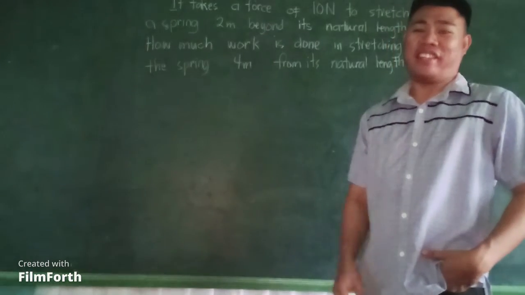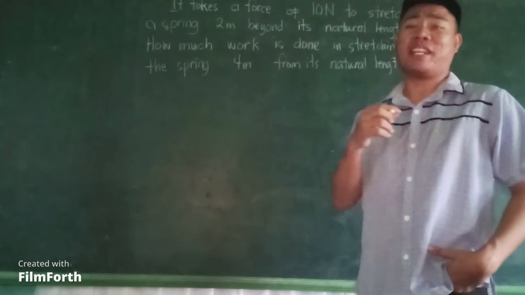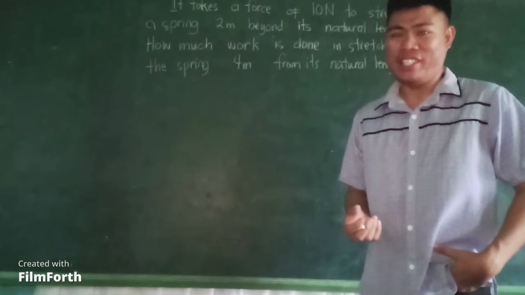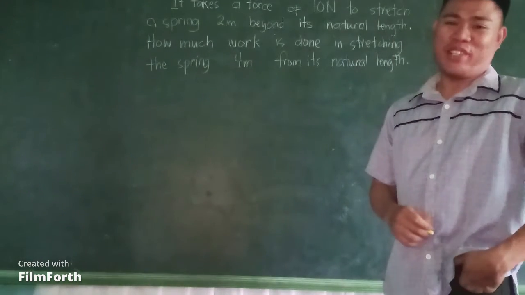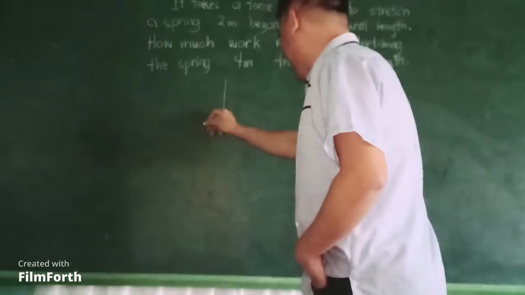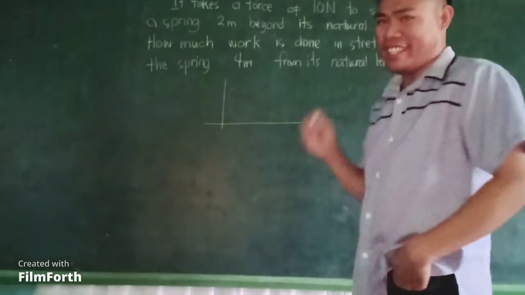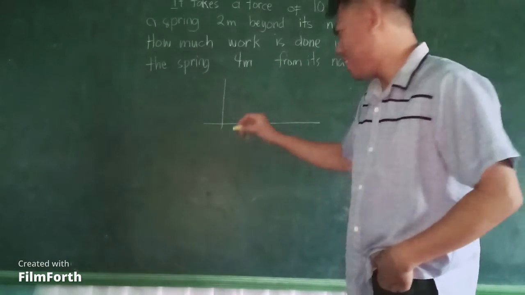Since it is by pair, the only thing you have to do is discuss and brainstorm with your partner all the ideas you have. To understand better, consider this illustration. This is the spring, the original in natural length.